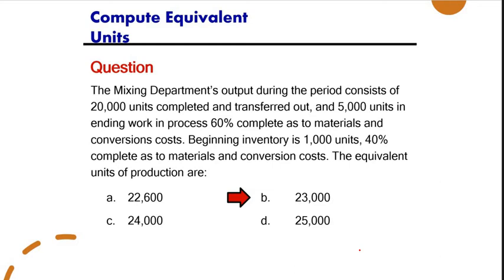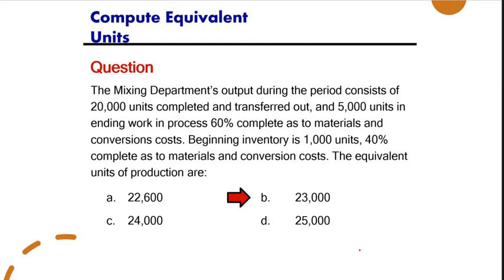20,000 units were completed and transferred out. So, it was clear earlier that as to the computed equivalent units of production, those 20,000 that were transferred out will be 100% as to material costs and conversion costs. And the units in ending work in process is 60% complete.